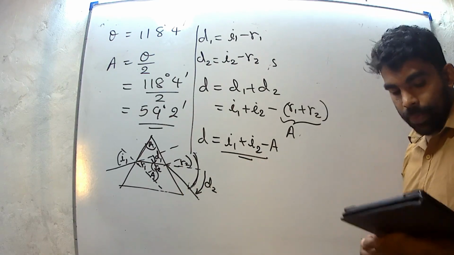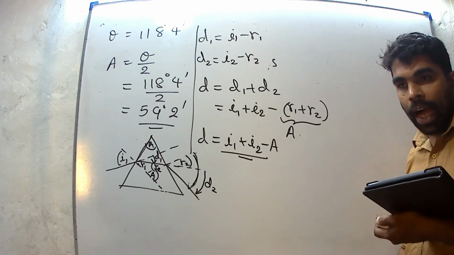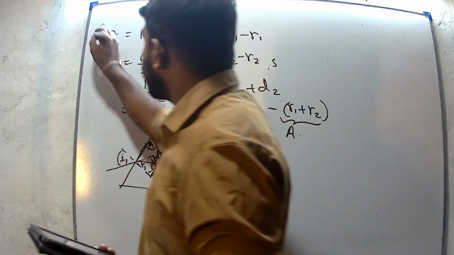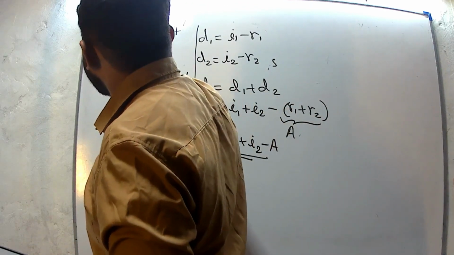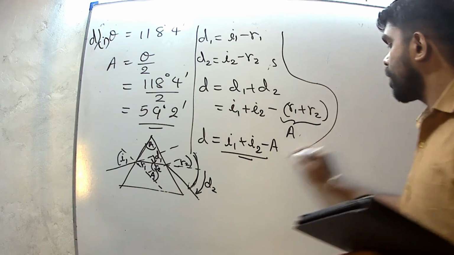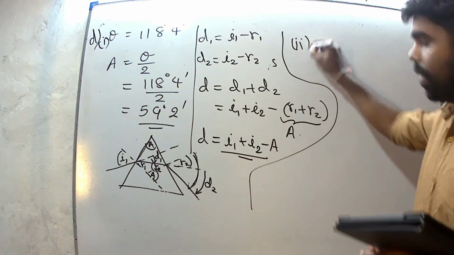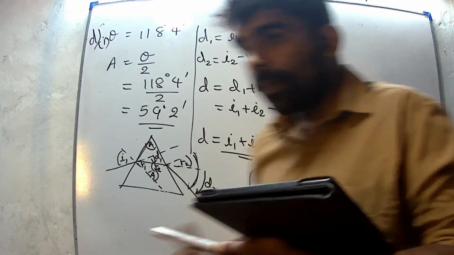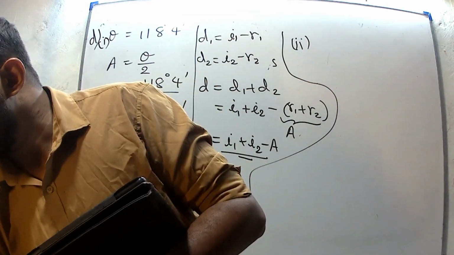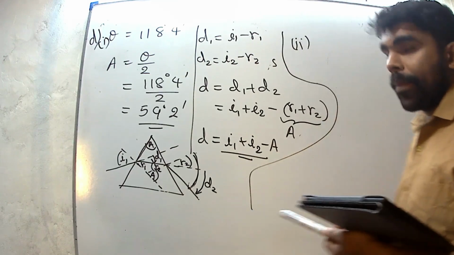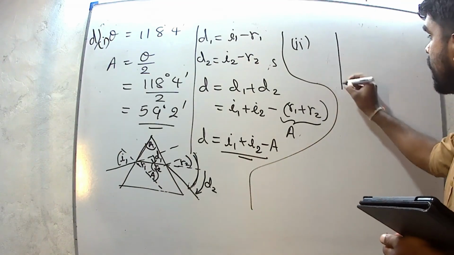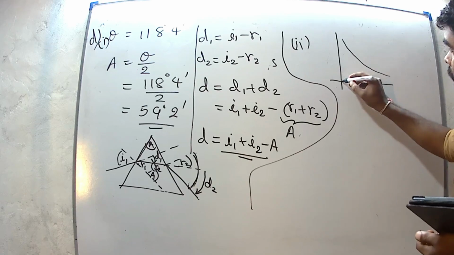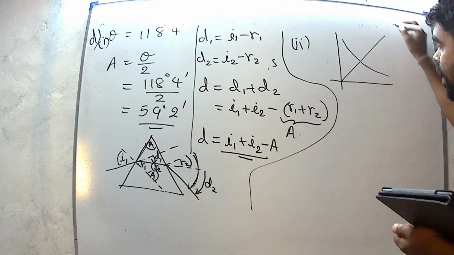Then we can get the I1 equals I2 condition by using the given graph. We can identify the position where I1 and I2 are equal. We have to consider the given graph and draw a 45 degrees line, this symmetric line.